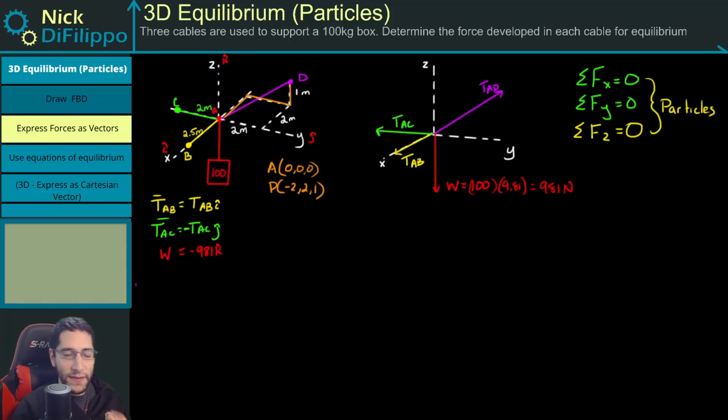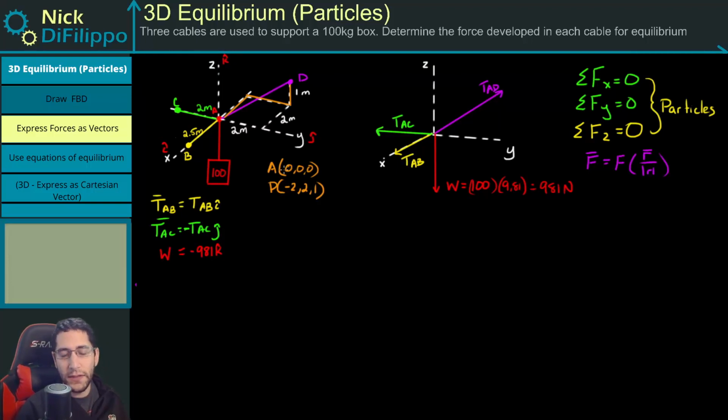Now, this is a force along a line. So when we remember what the equation of a force along a line is, the force is equal to whatever the magnitude of that force is times a position vector over the magnitude of that position vector. For us, our force is going to be this unknown force TAD.